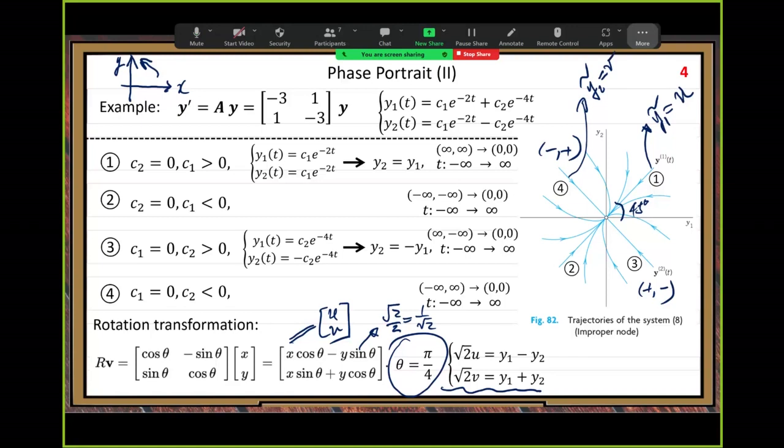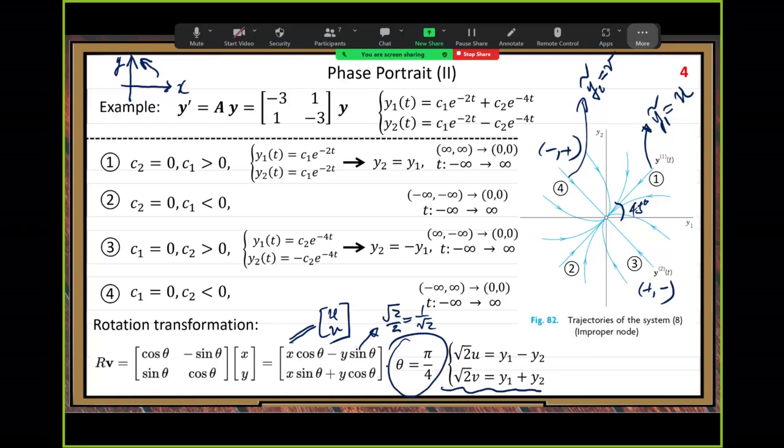So y1 rotated to u, and y2 rotated to v.